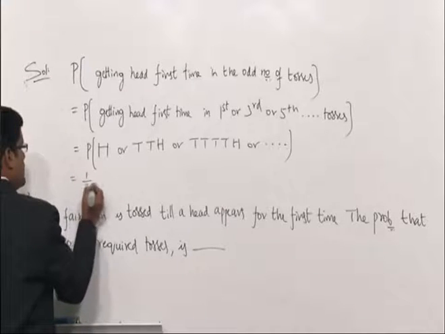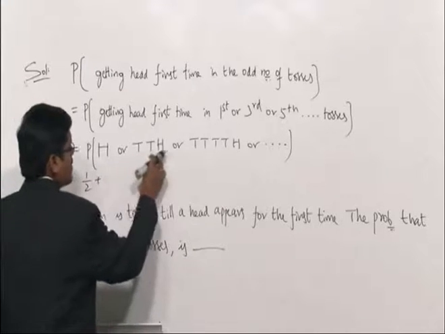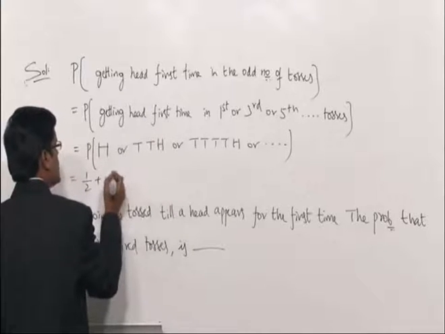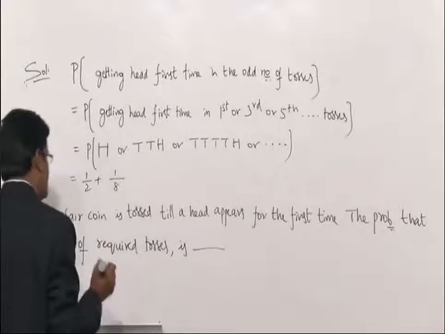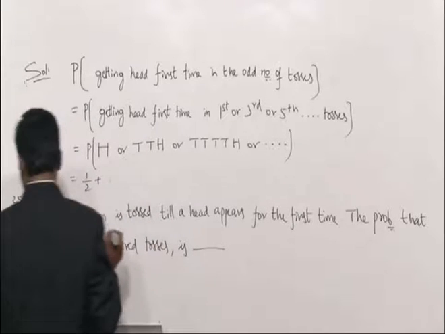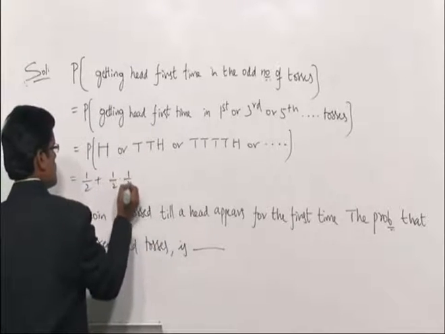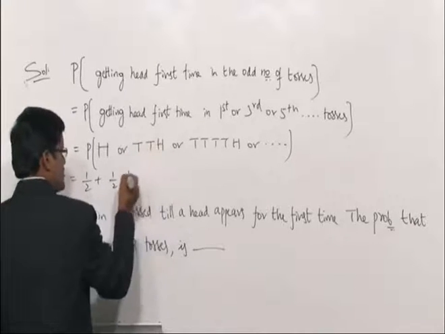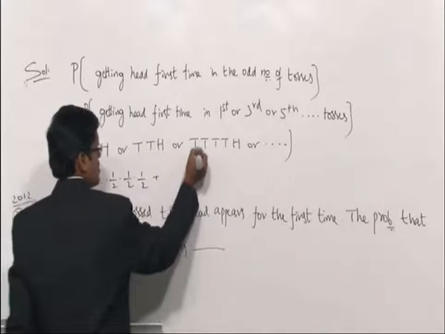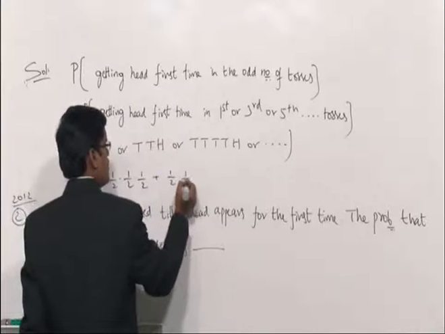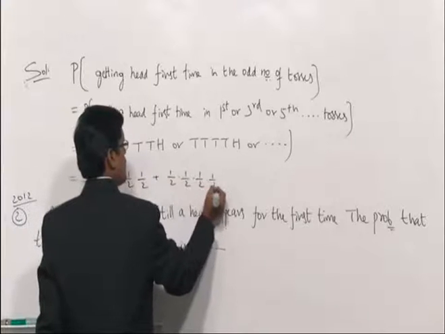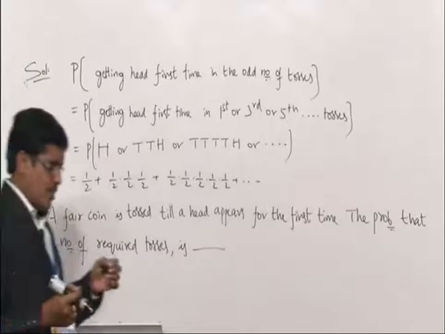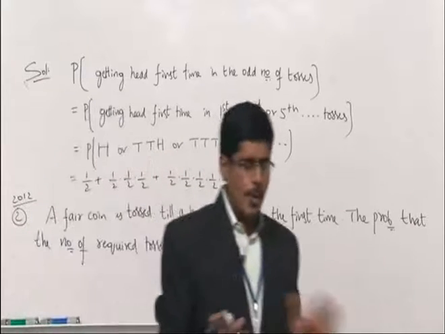So this is 1 by 2. In 3 tosses of a coin, the probability of this outcome is 1 by 2 into 1 by 2 into 1 by 2, 1 by 8. Getting a tail and getting a head each have the same chance, 1 by 2, plus etc. If the first toss gives head, no problem.